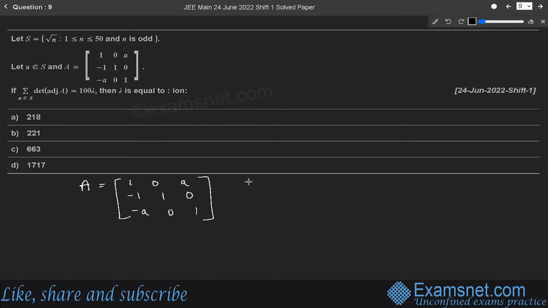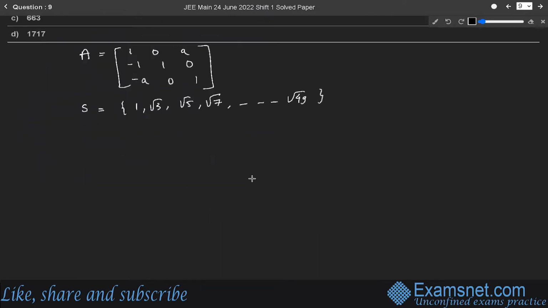The given matrix is a 3 cross 3 matrix and a set is given which is S, which will consist of the elements 1, under root 3, under root 5, under root 7, and so on up to under root 49. We know that determinant of adjoint of A will be equal to determinant of A power n minus 1.